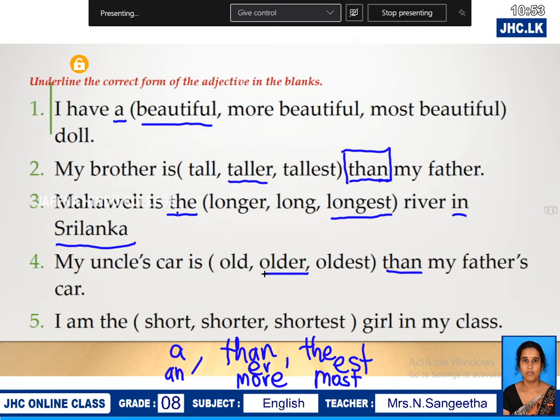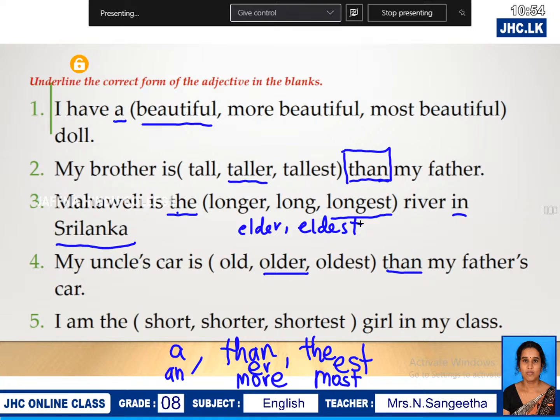Old has two comparative forms, that means elder and eldest also come. For people we can use elder, eldest. For things or buildings, we can use older, oldest. They have two comparative forms and two superlative forms.